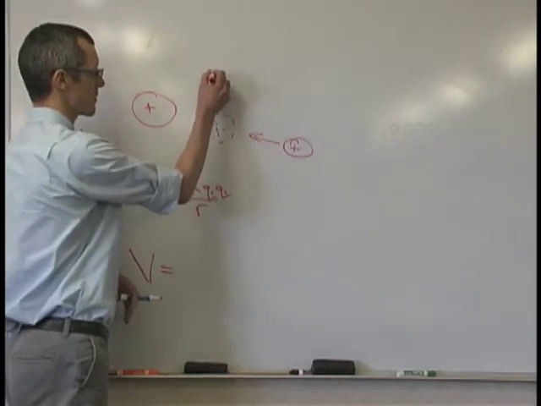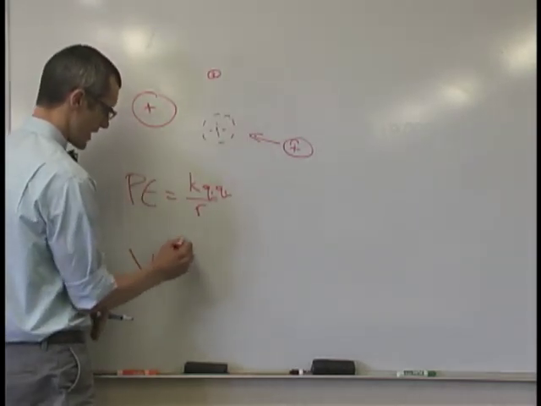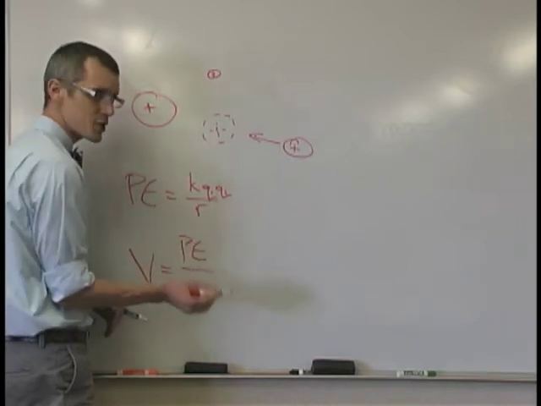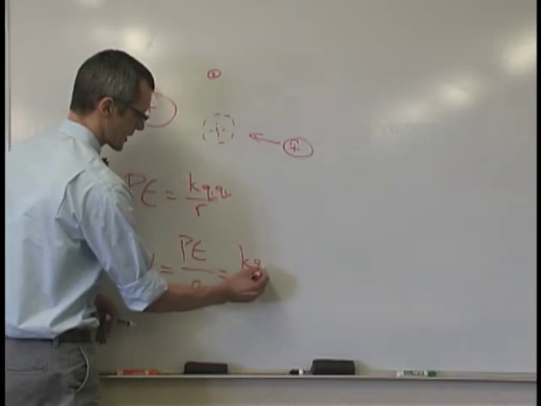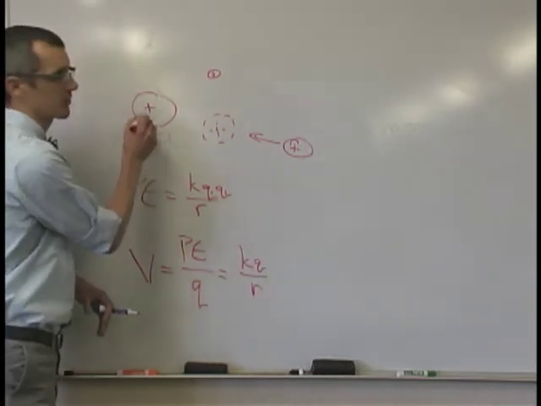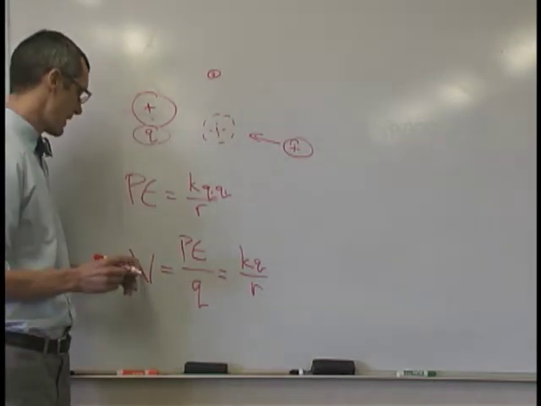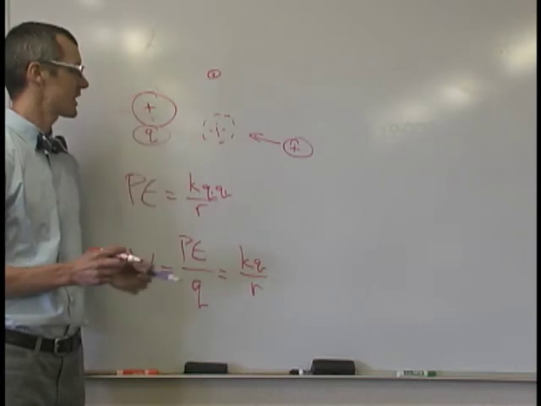So if, for example, I had a small positive test charge right here, the potential would be the potential energy divided by Q, or KQ over R, where this is the Q that I'm measuring from. This V equals KQ over R is a measure of the potential due to a single point charge.